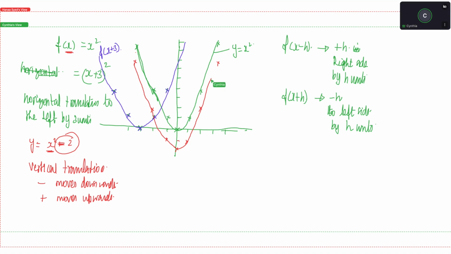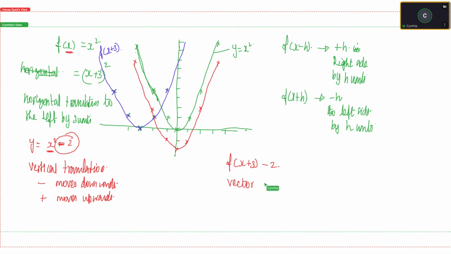Now, if you have f of x plus 3 minus 2, that means it has both, it's a vector translation. It's going to move left by 3 units and down by 2 units.